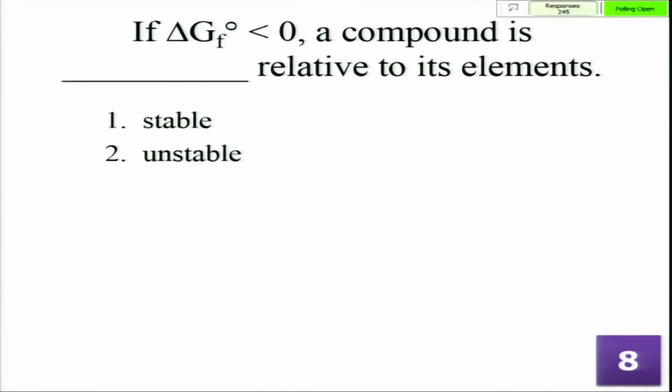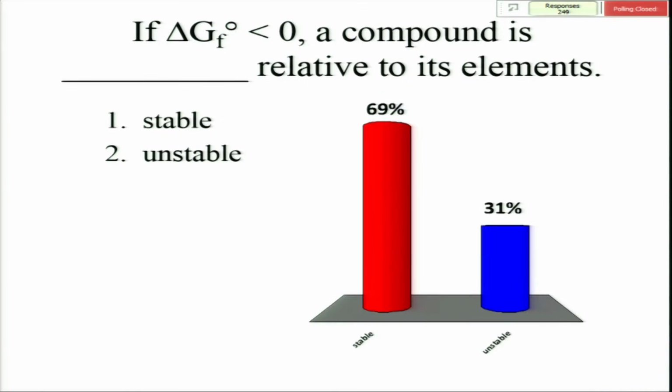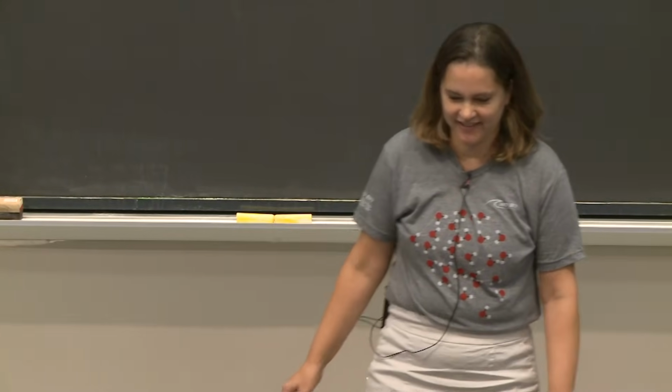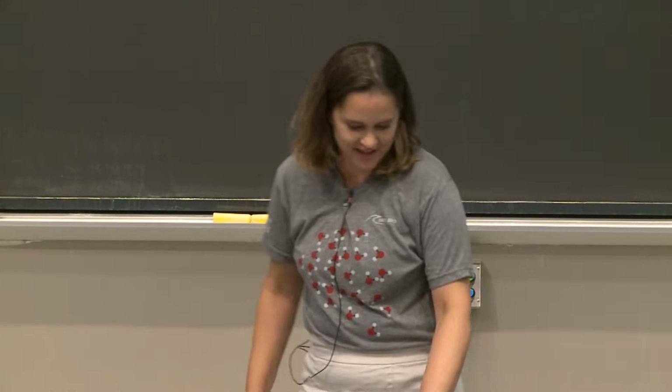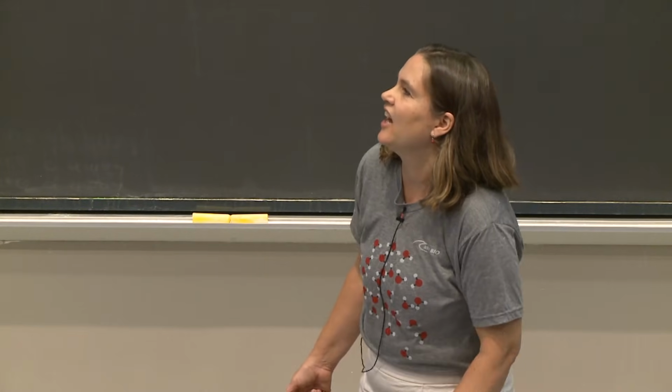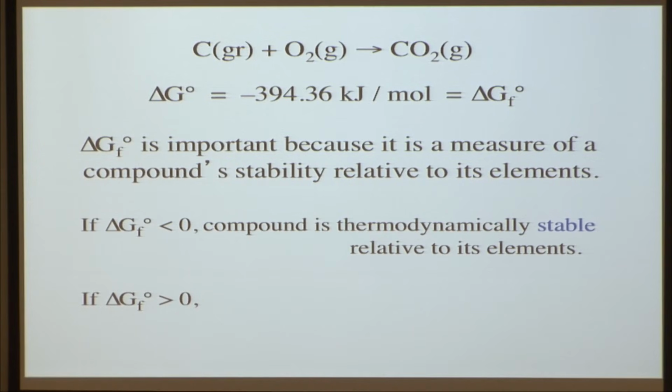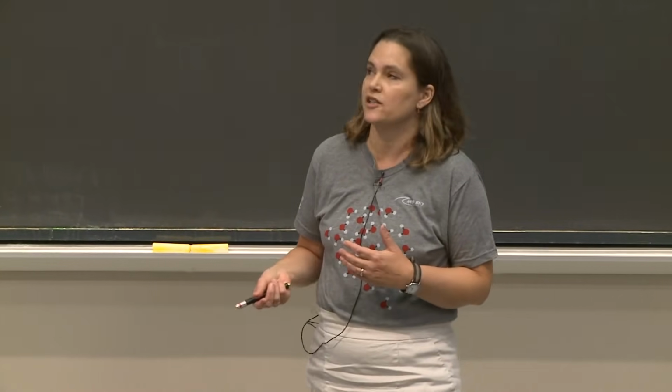All right, let's just take 10 more seconds. Interesting, okay. So let's think about why this is true. This might be the deciding clicker question, we'll see. So if it is a negative value for delta G, a negative value for delta G means that it's spontaneous in its forward direction.